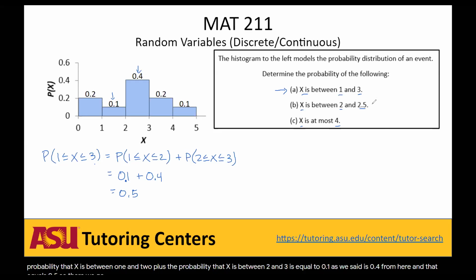So there we go, we finished A. Probability of 1 less than x less than 3 is equal to 0.5.